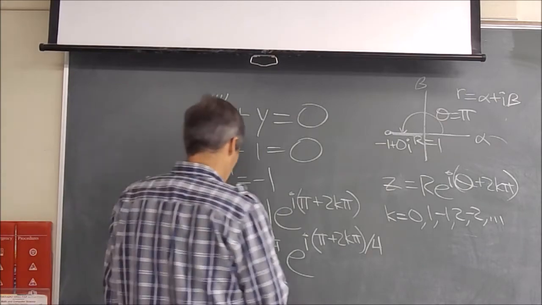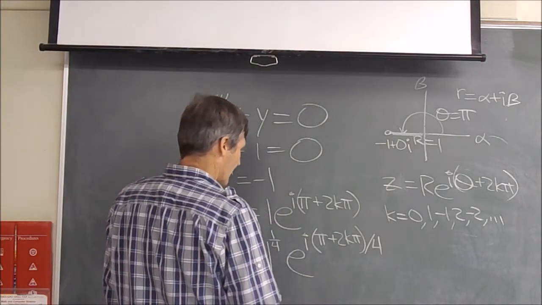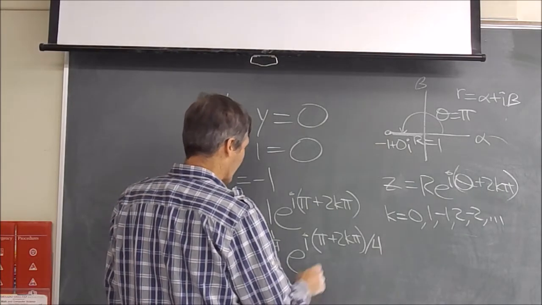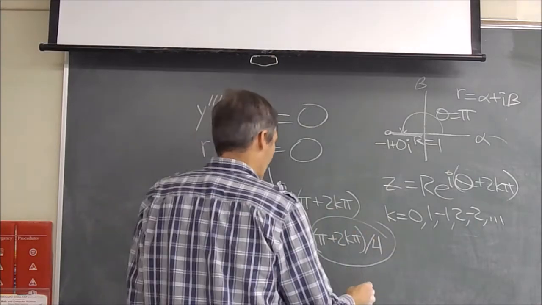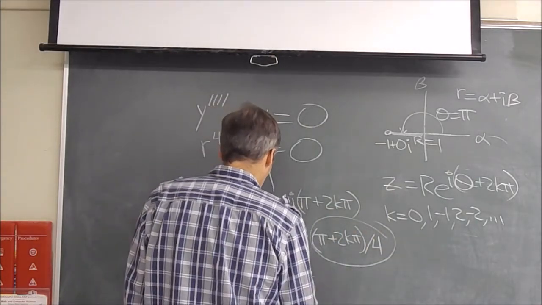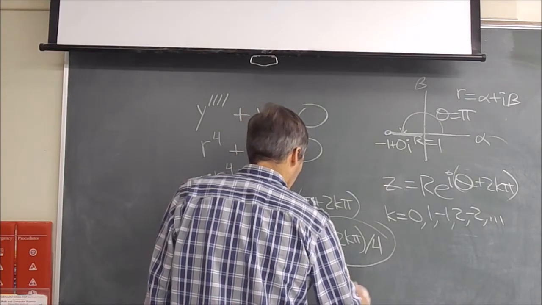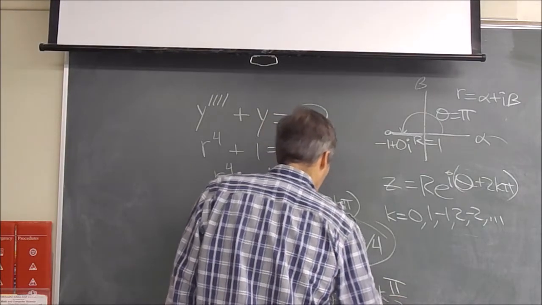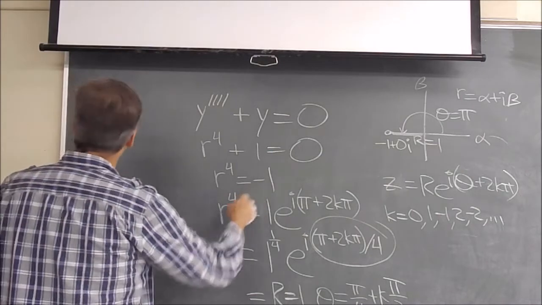Well, the fourth root of 1 is 1, times, you can now go to any one of these angles. So you have radius 1 and angles pi over 4 plus k pi over 2. And so those are all the fourth roots of minus 1, we call them.